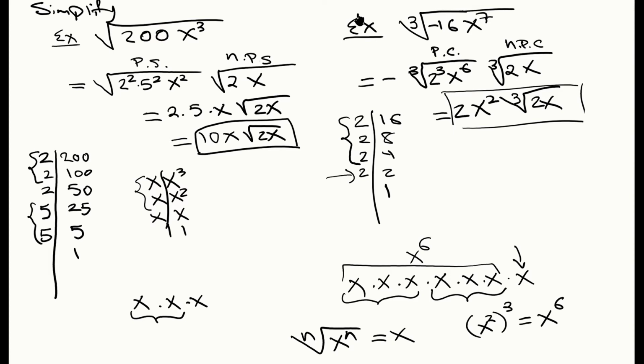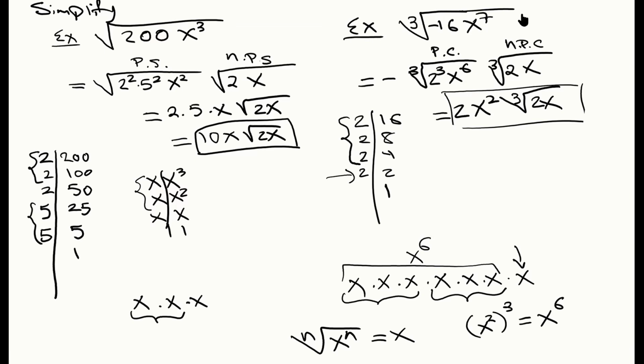One quick note that I want to make for you here before we erase this board and go to the next board. Notice that the best way to figure out what is the biggest perfect cube inside a power like this is to ask the simple question, what is the largest multiple of 3 less than or equal to that number? And if you think about it, 3 times 1 is 3, 3 times 2 is 6.